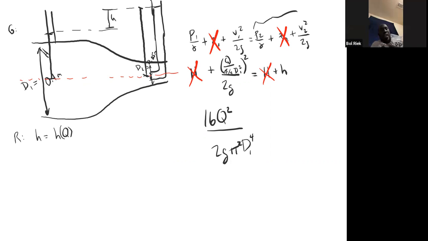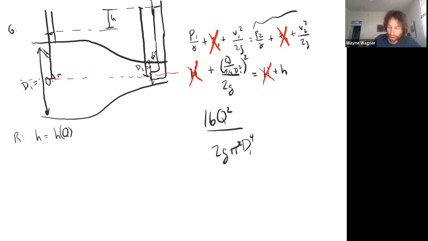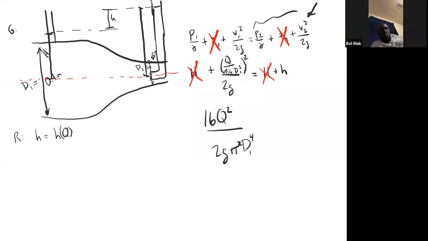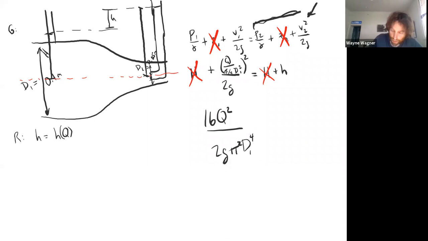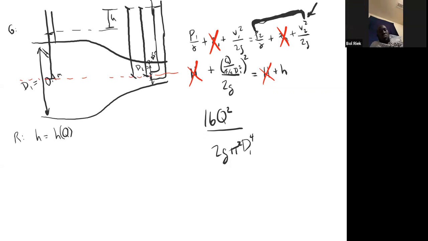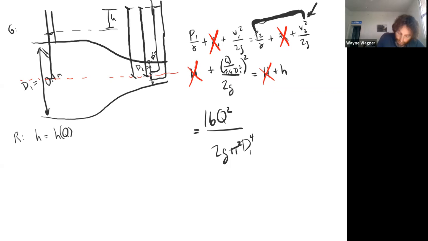In this case, we didn't end up with the pi over 4 because we didn't plug in here, because we noted that this whole quantity right here is a vertical distance from here to here. So that was just an easier way to solve it. All of this we set equal to h.